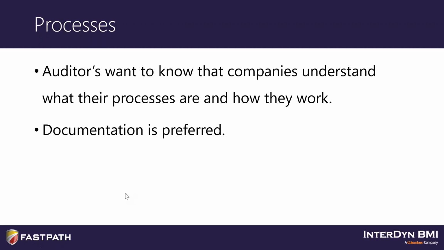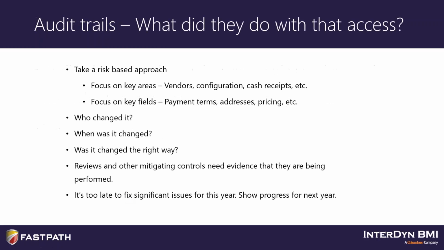And one of the tools to allow you to do that is using some sort of an audit trail tool. Now, Dynamics GP in and of itself, out of the box, does not have any kind of audit trail capability at a detailed level.